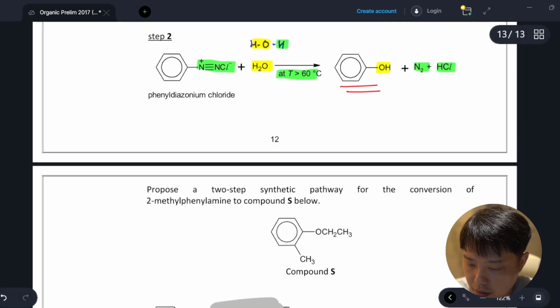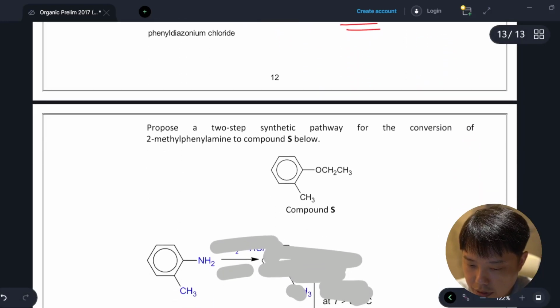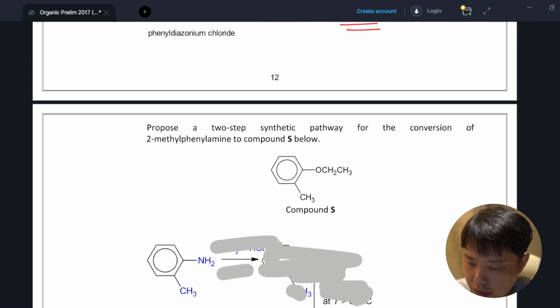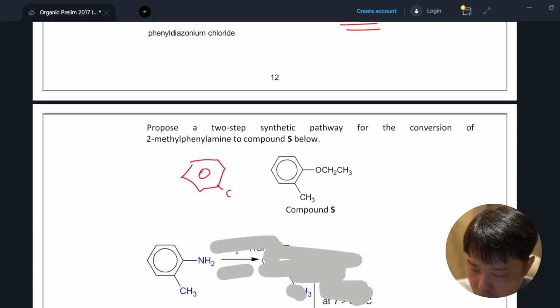Okay, so knowing this kind of synthesis, they want you to propose a 2-step reaction pathway for conversion of 2-methylphenylamine. So if you start with this, how do you get to this compound here?